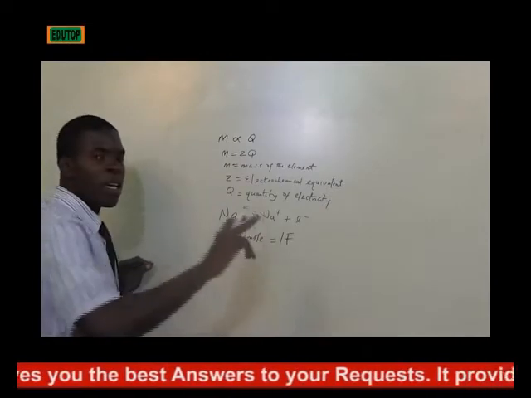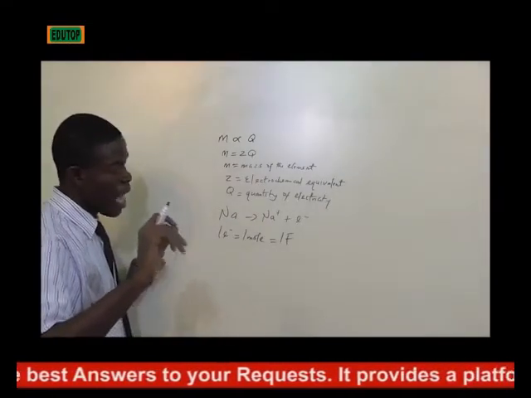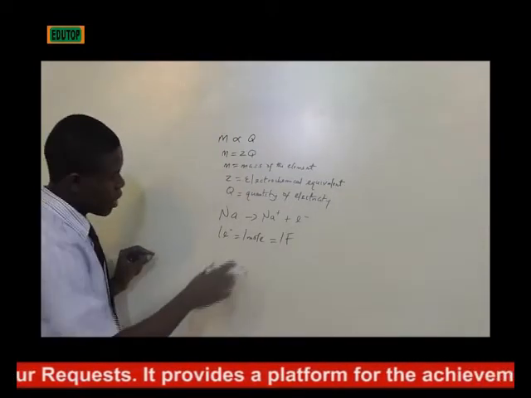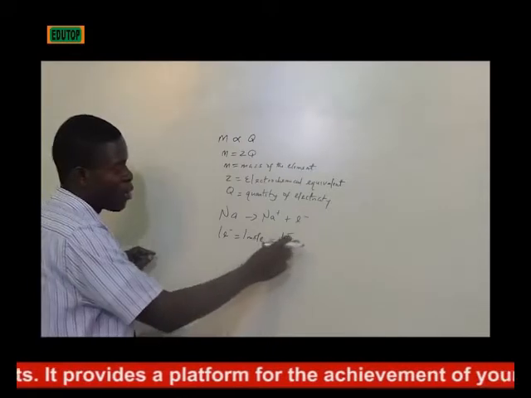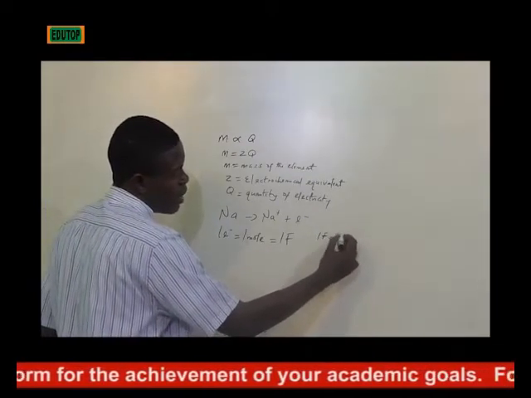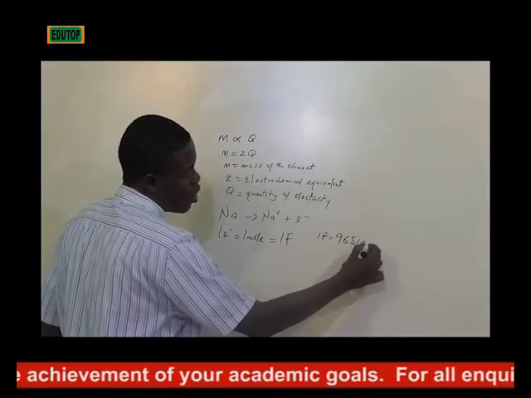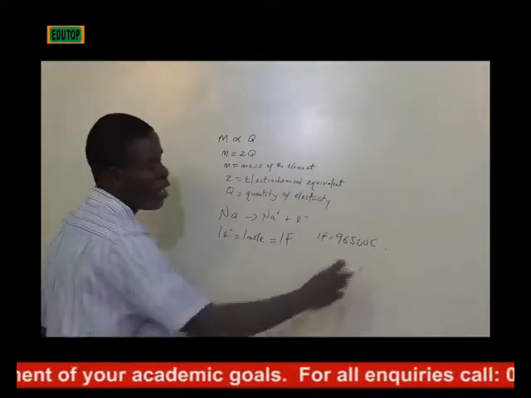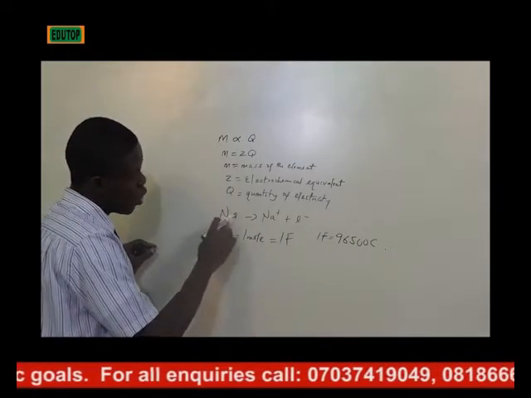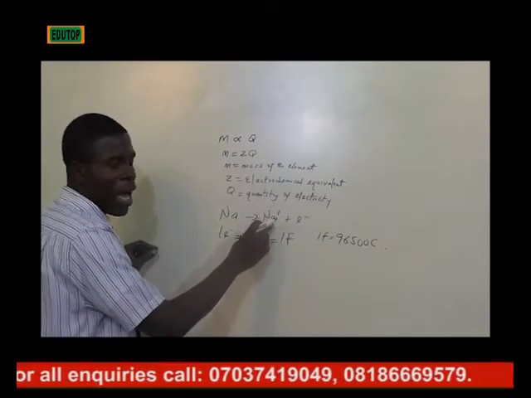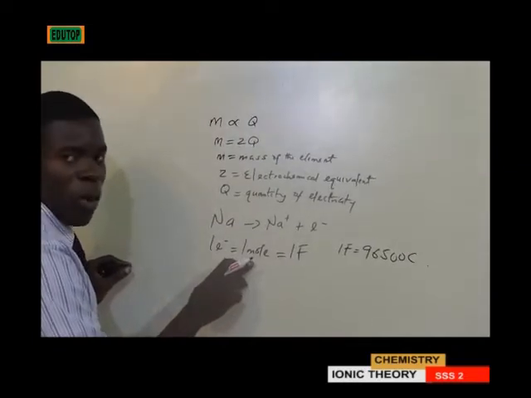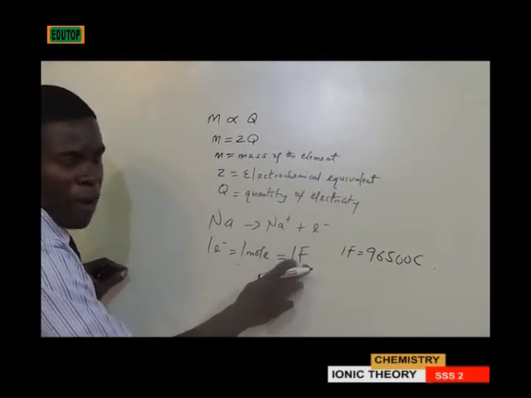That means each electron that is discharged or lost is equivalent to 1 mole and is equivalent to 1 Faraday. And 1 Faraday is 96500 coulombs. That is the unit of electricity. So for sodium donating 1 electron, it's equivalent to 1 mole and it's equivalent to 1 Faraday.